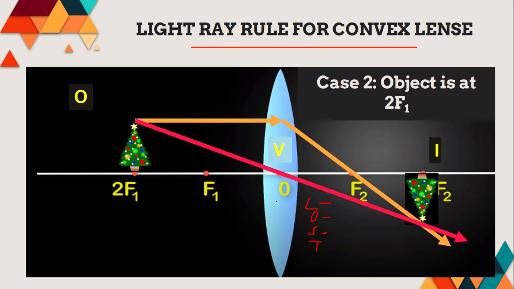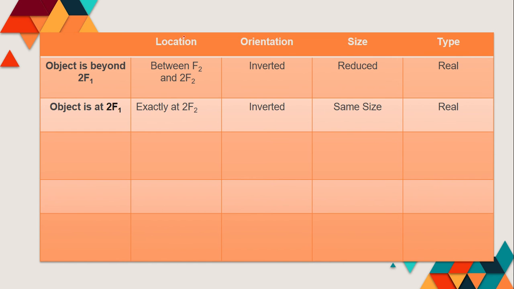For example, ito yung mata mo, tapos ganito ito yung location or ito yung distance ng image. So, pag na-perceive mo siya, ganito siya, same size siya. So, anong type niya? Is it real or virtual? Okay, real. Kasi siya ay inverted. Yan. So, ganito siya pag nilagay natin sa table. Yan.